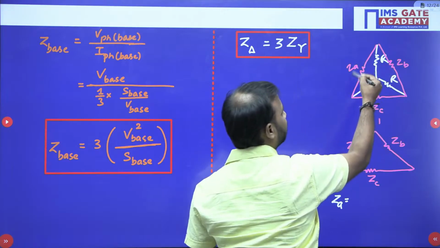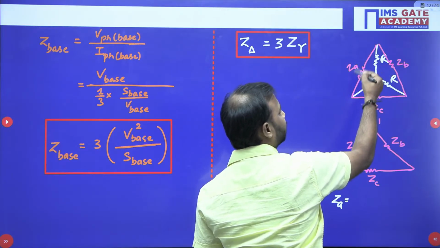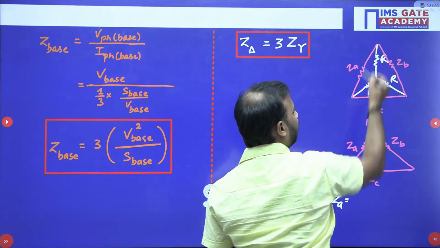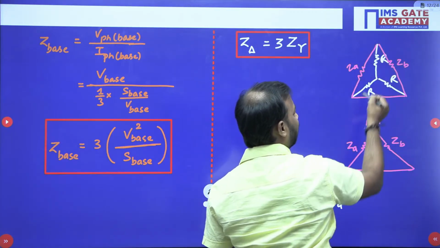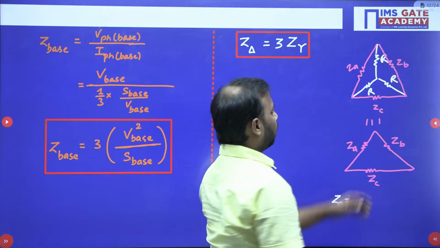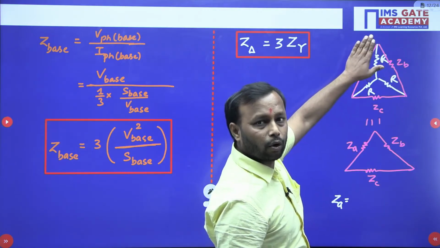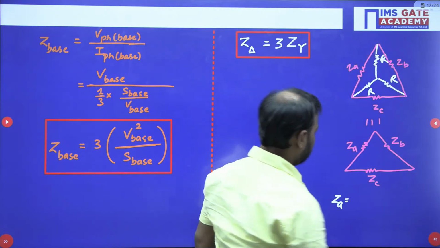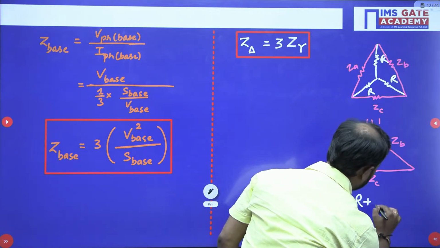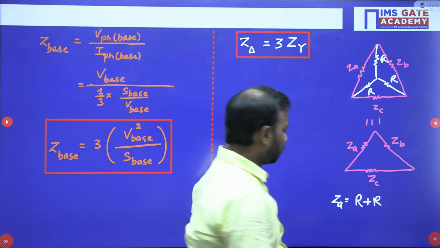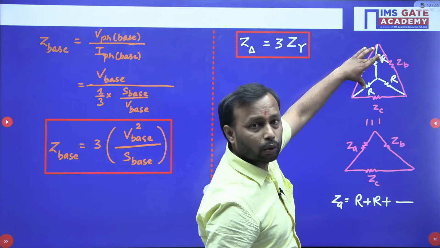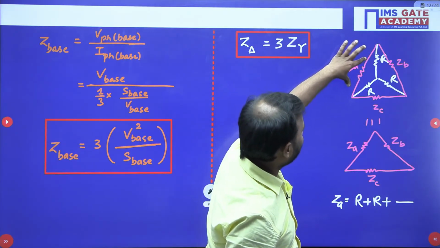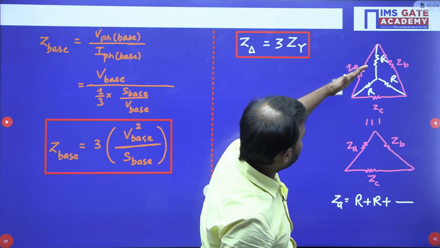see, we are finding this, and this ZA is touching this end and this end. So we need to consider these two resistors, R plus R, plus the multiplication of these two resistors, where this particular branch is touching the star.